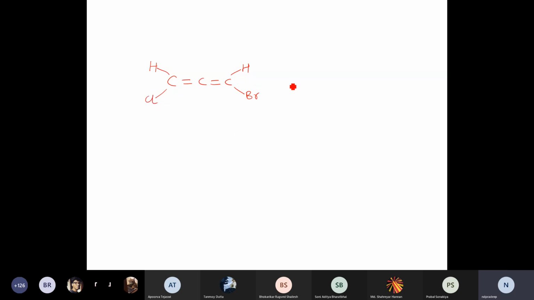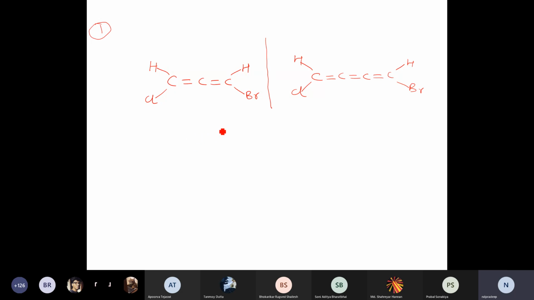I have given a compound like this, and another compound like this. This all comes in the double bond categories. So this is the first rule we are going to formulate.